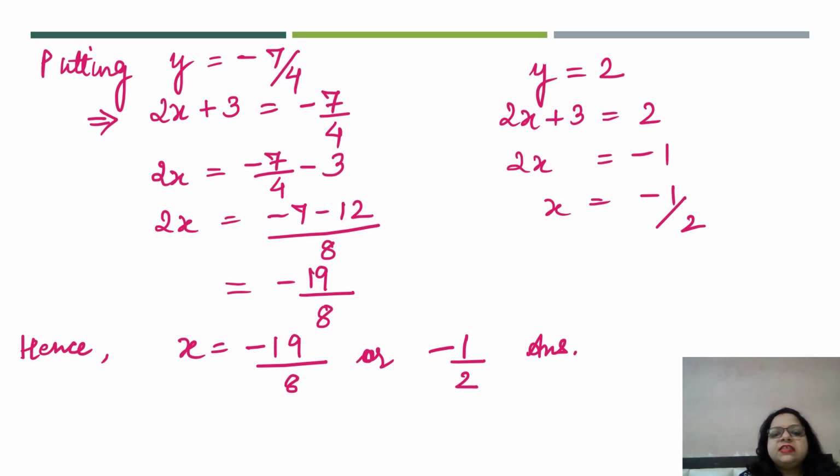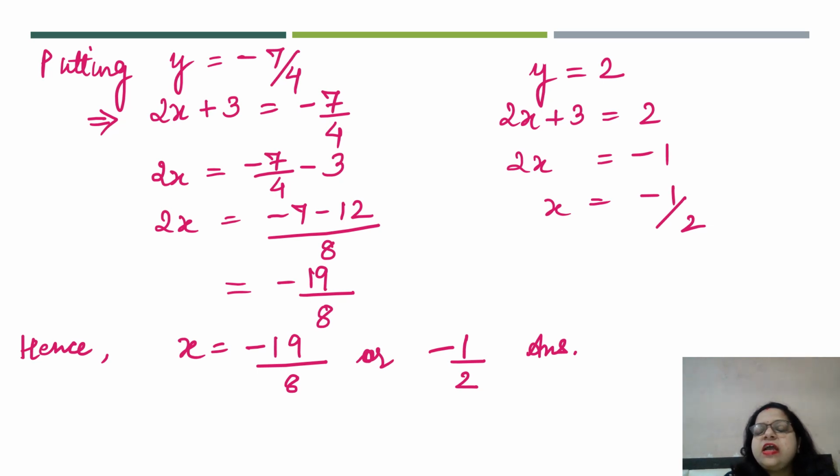We are taking the constant term on the right hand side and keeping the x on the left hand side. That is minus 19 by 8, because the coefficient of x, 2, will come in the denominator, so 2 into 4 will be 8.